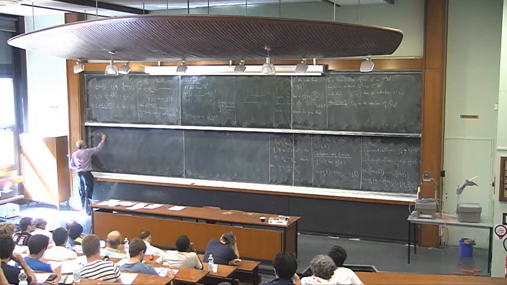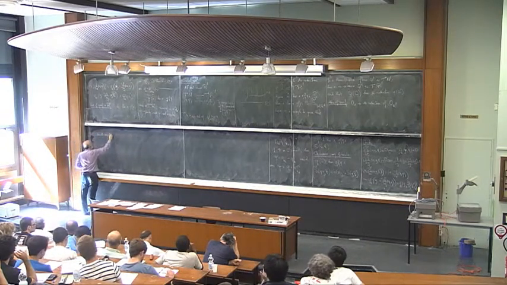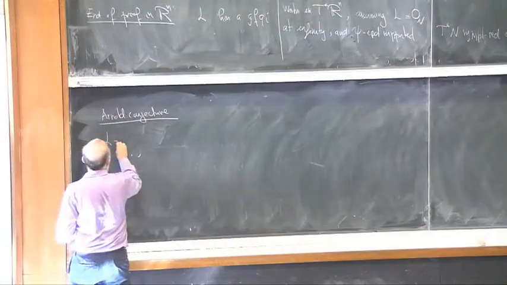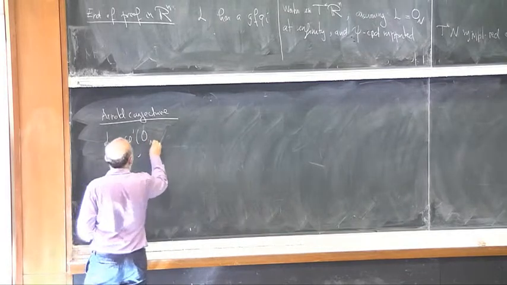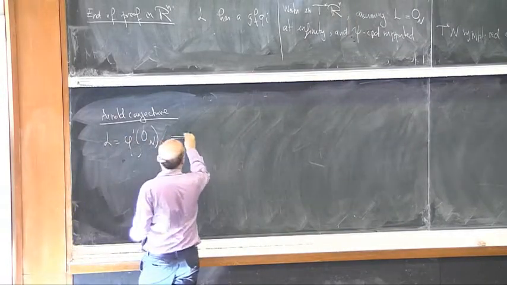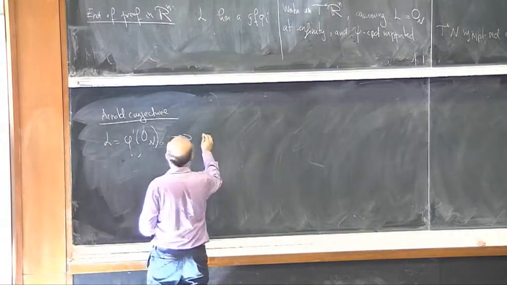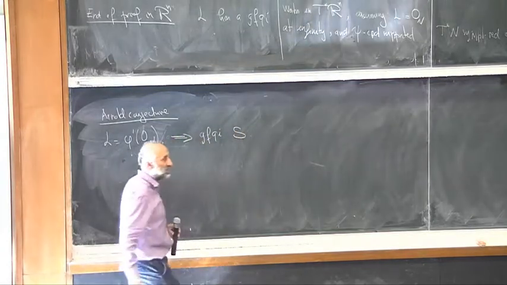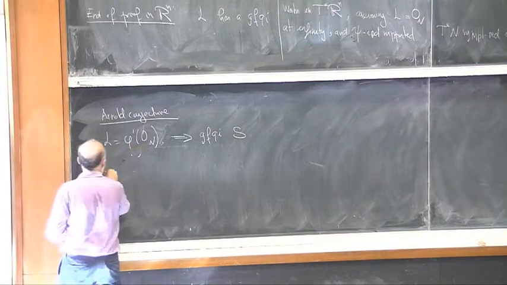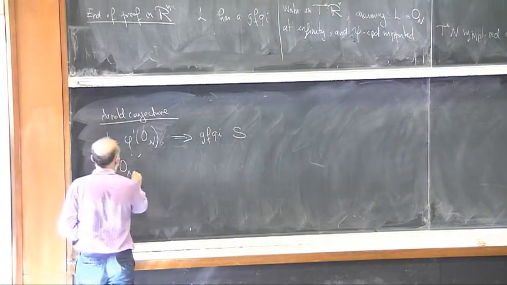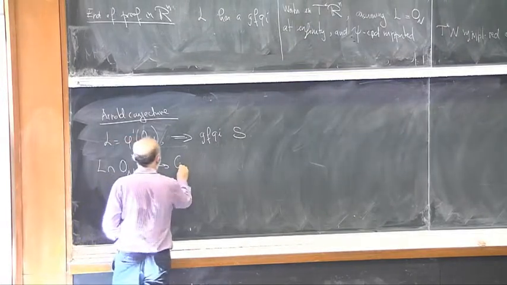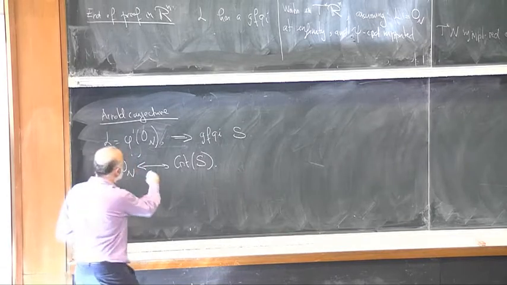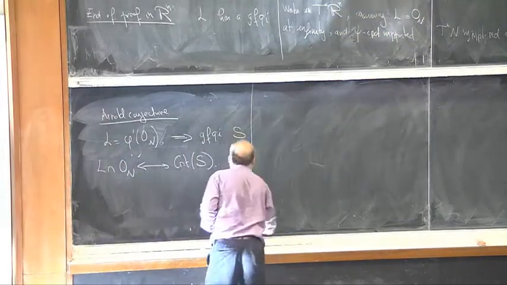So how does the Arnold conjecture come in here? Well, I have L, which is of the form phi_1 of the zero section. So we just proved that it has a generating function quadratic at infinity S. And remember that L intersection with the zero section is in one-to-one correspondence with critical points of S. So what you have to show is that S indeed has critical points.